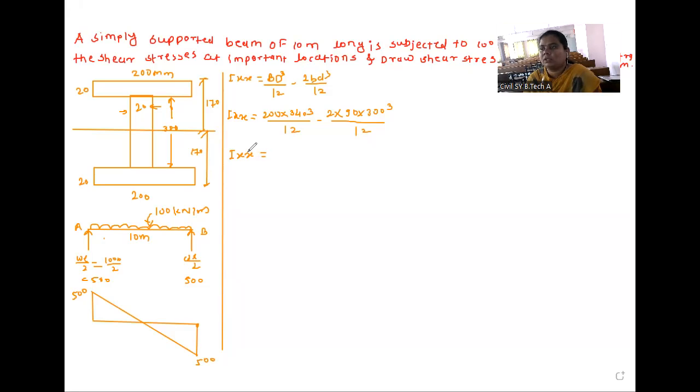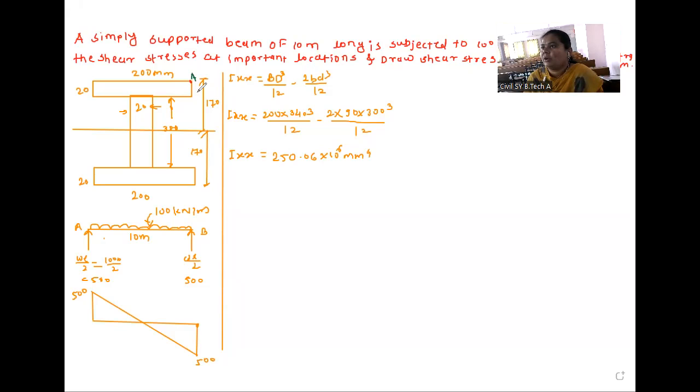Yes, Ixx equals 250.06 into 10 raised to 6 mm raised to 4. After that, we will calculate shear stresses at various locations. First we will mark points here and then we will calculate.